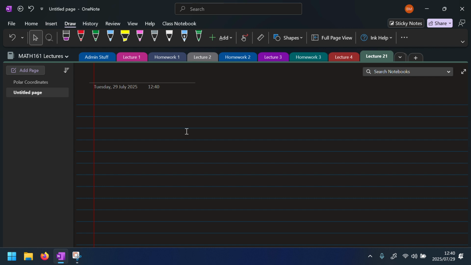The second part is going back and forth between graphs. So we can have a graph in Cartesian coordinates, y equals f of x. We can have a graph in polar coordinates. Now we're going to have r as a function of theta instead of y as a function of x.